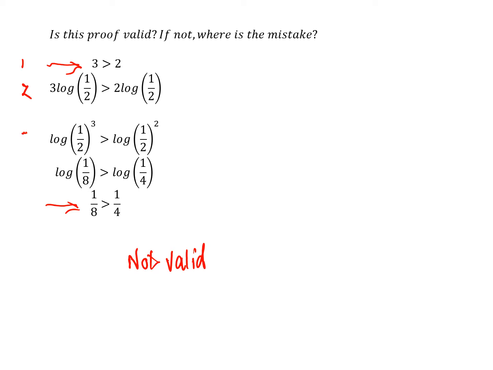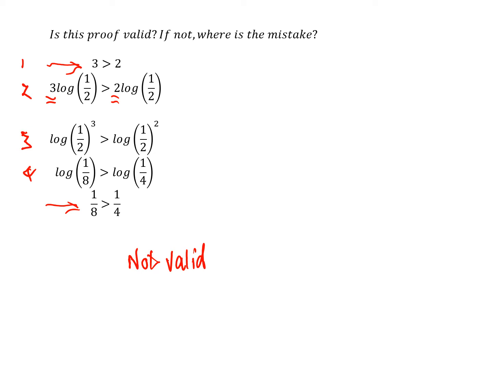In step 3, what we've done is to incorporate the 3 here and the 2 there into the logarithms, and we've done that correctly, log of a half to the power 3 and log of a half to the power 2. And in step 4, all we've done is convert a half to the power 3 into 1/8, and that's correct.